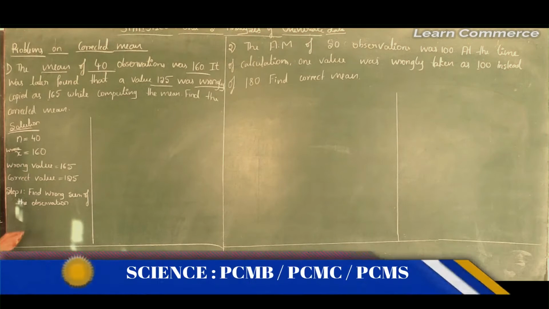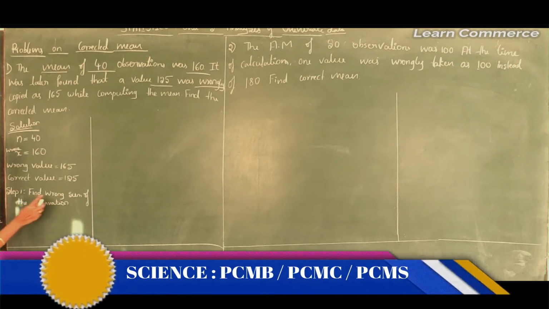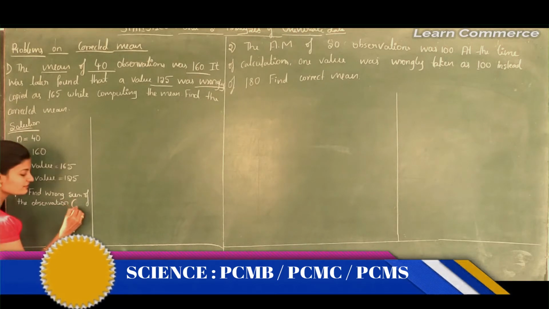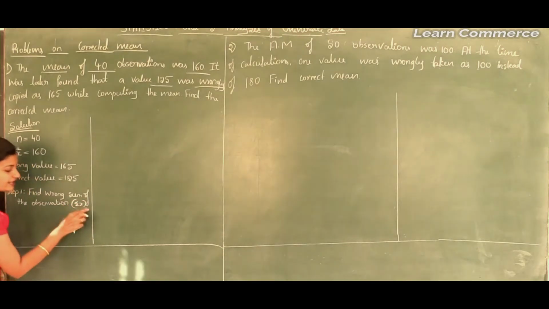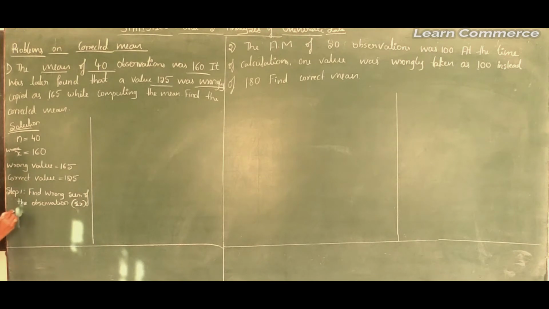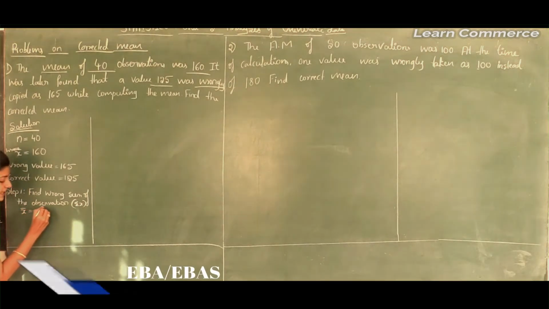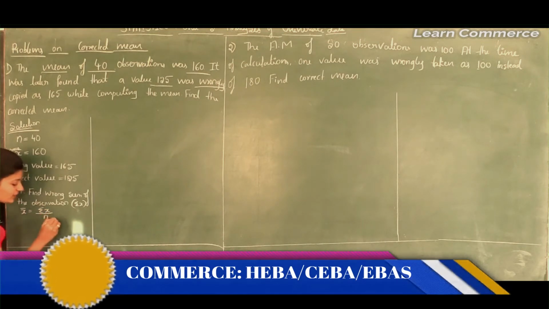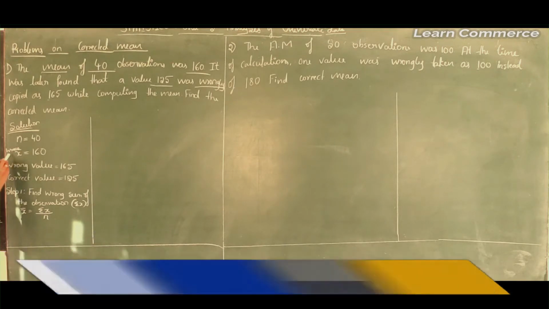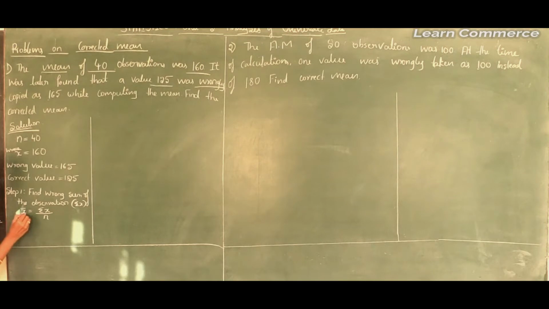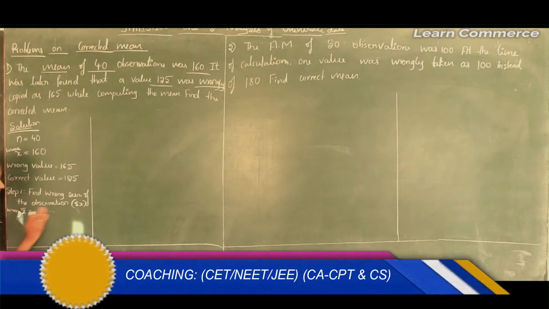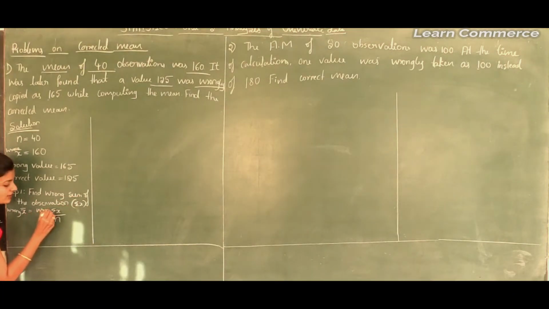We know the formula to calculate arithmetic mean: the sum of the observations is denoted by summation x, and x bar is equal to summation x divided by small letter n. Here the wrong x bar is 160, and we need to find the wrong sum of the observations.